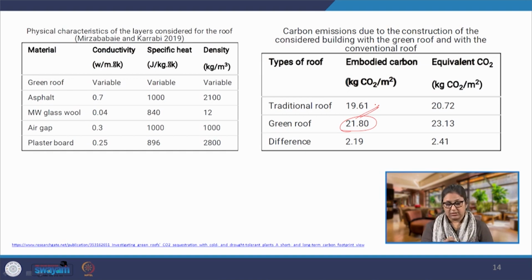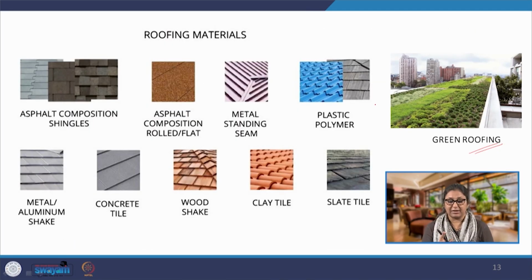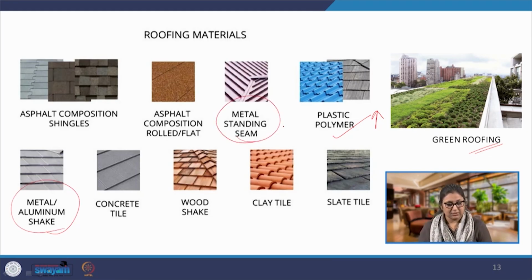If we look at the other materials, again we will see that industrialized products and metals are going to be high on emissions. Plastic and polymers are going to have the highest numbers, followed by metals. So, highest is plastic, followed by metals, followed by industrially treated wood, and after that we will have clay and concrete, followed by the stones.